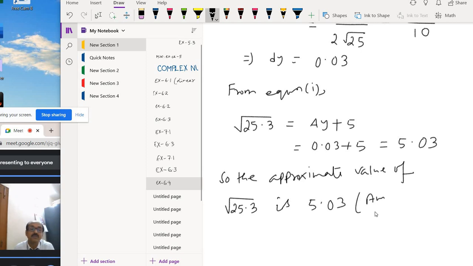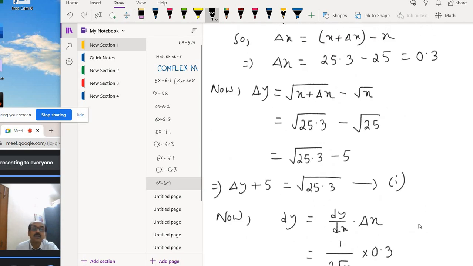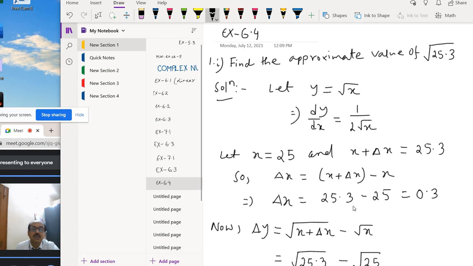Okay, is it clear? So how to solve this? First, because the question is under root, take the function y, that is f(x), equal to root x. So dy by dx is 1 by 2 root x, and let x equal to 25 and x plus delta x is the total quantity, that is 25.3.